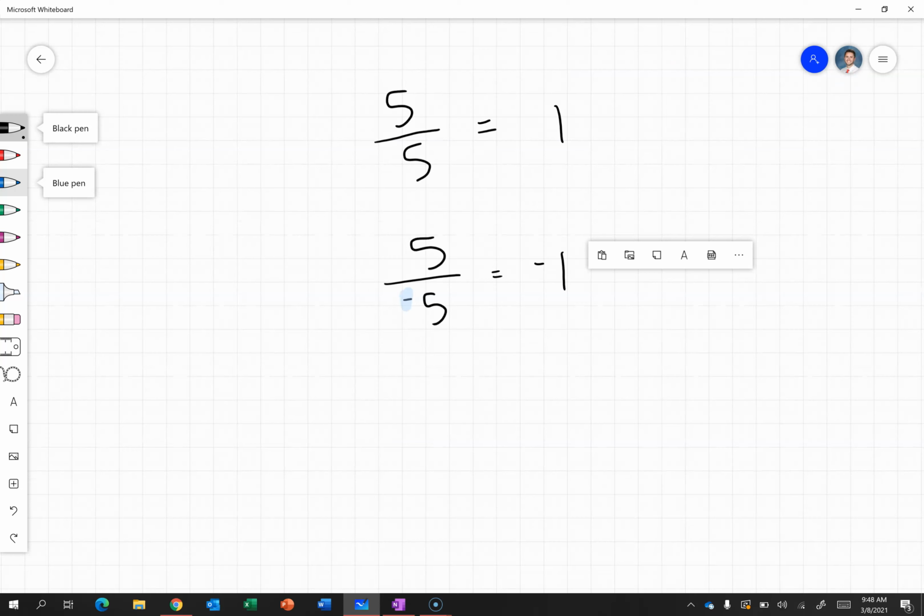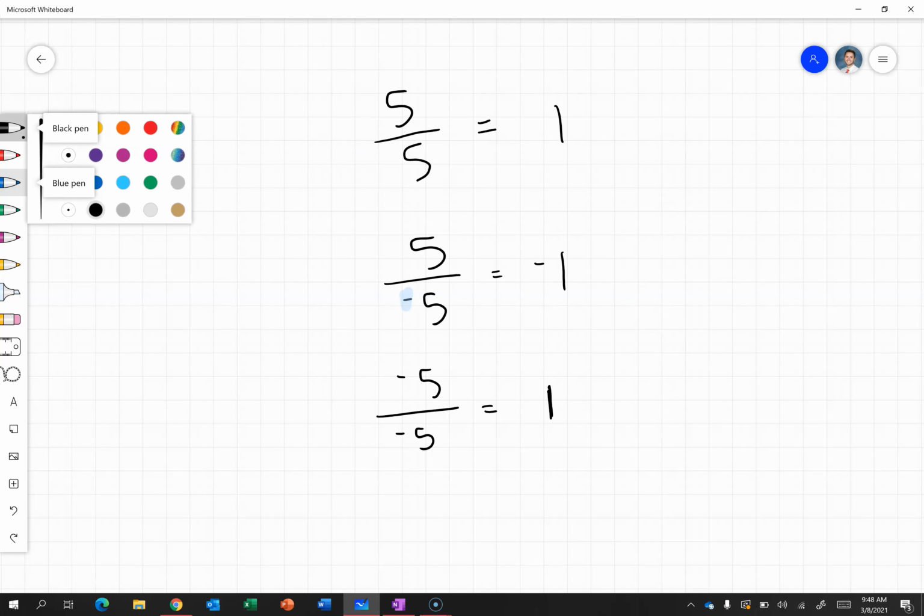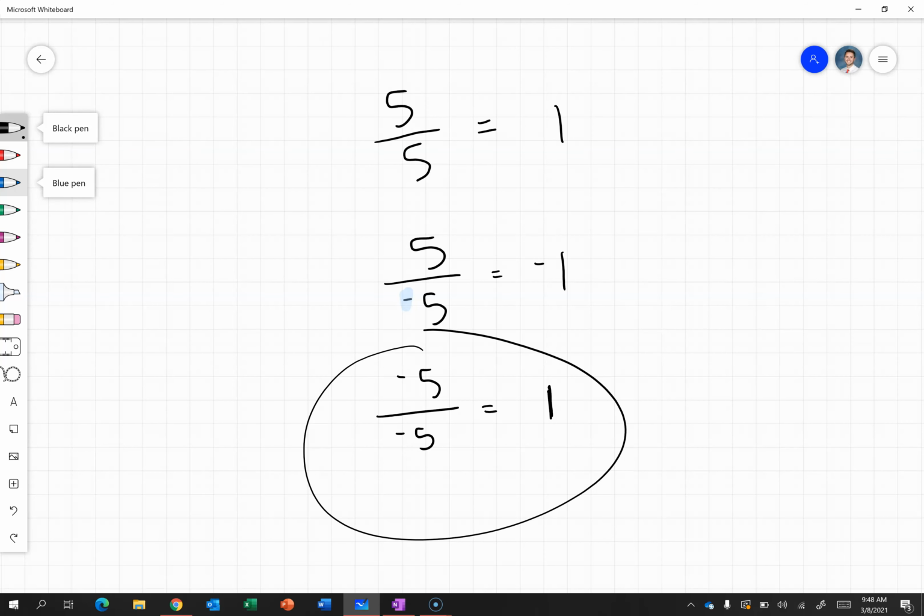However, if I had 2 negative signs, negative 5 divided by negative 5, that's 2 negative signs. So the answer will be positive. And you could always go back and check your work, right? So if I were to look at this one that I just finished, if negative 5 divided by negative 5 equals 1, then 1 times negative 5 should equal negative 5. And it does.